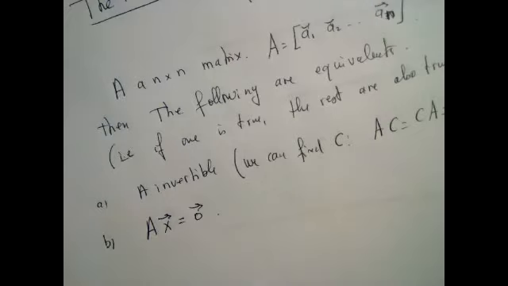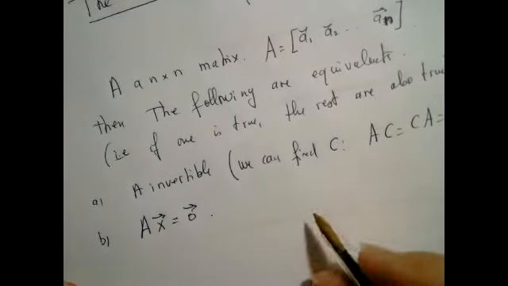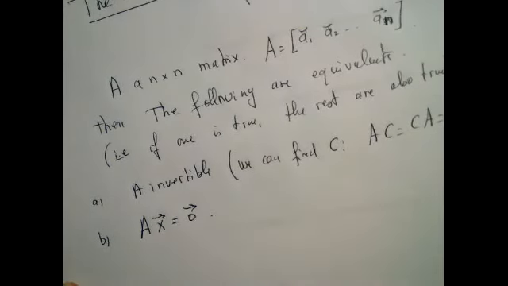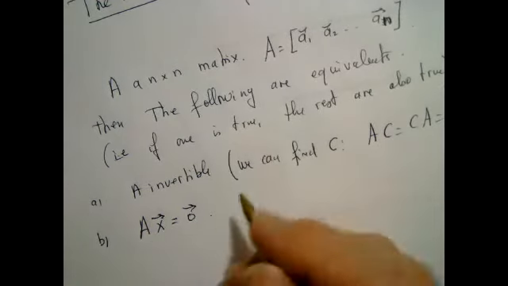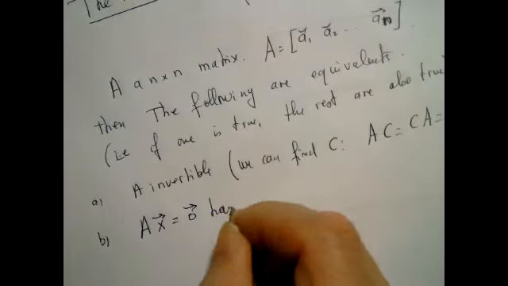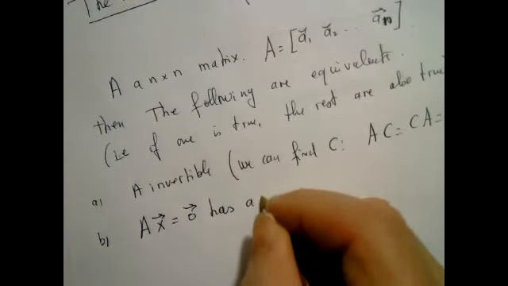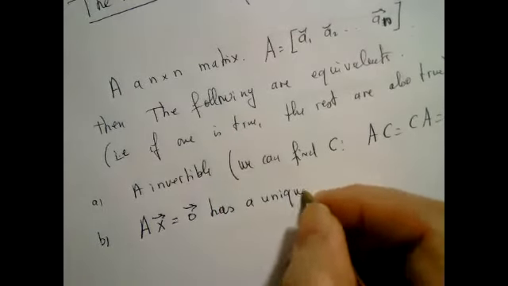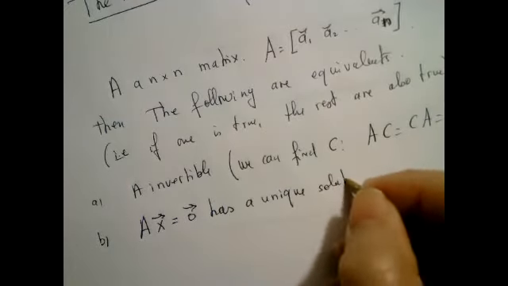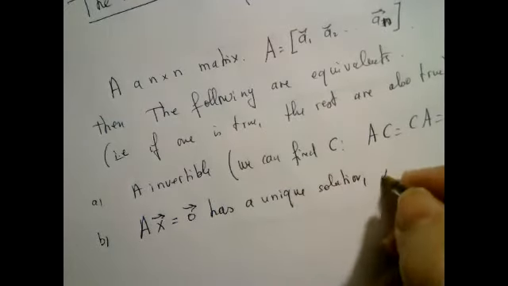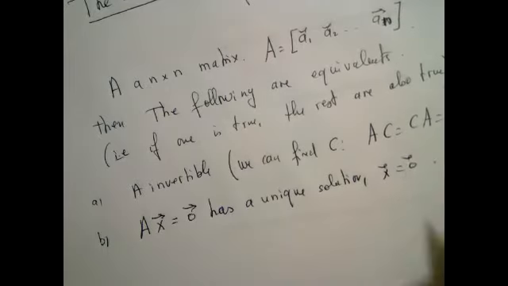What else can we say about it? No, not yet. This is a system. We don't talk about independent systems; we talk about independent vectors. For a system, we talk about its solution. What can we say about the solution of the system AX equal to 0? It has a unique solution, namely X equal to 0.